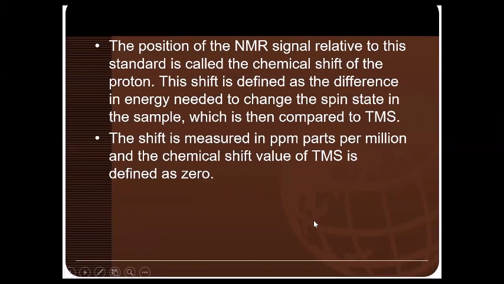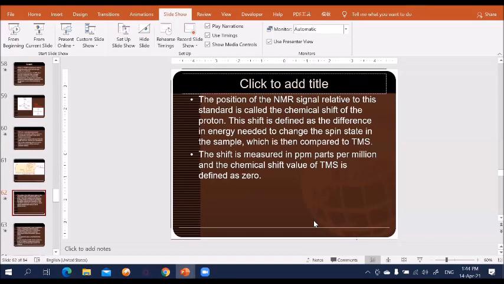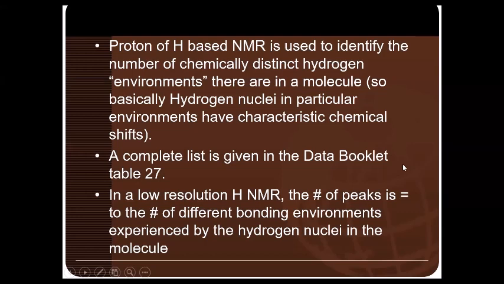Let me go back here in a second. Let's do this one now. The proton NMR is used to determine the number of distinct chemical environments there are in a molecule.